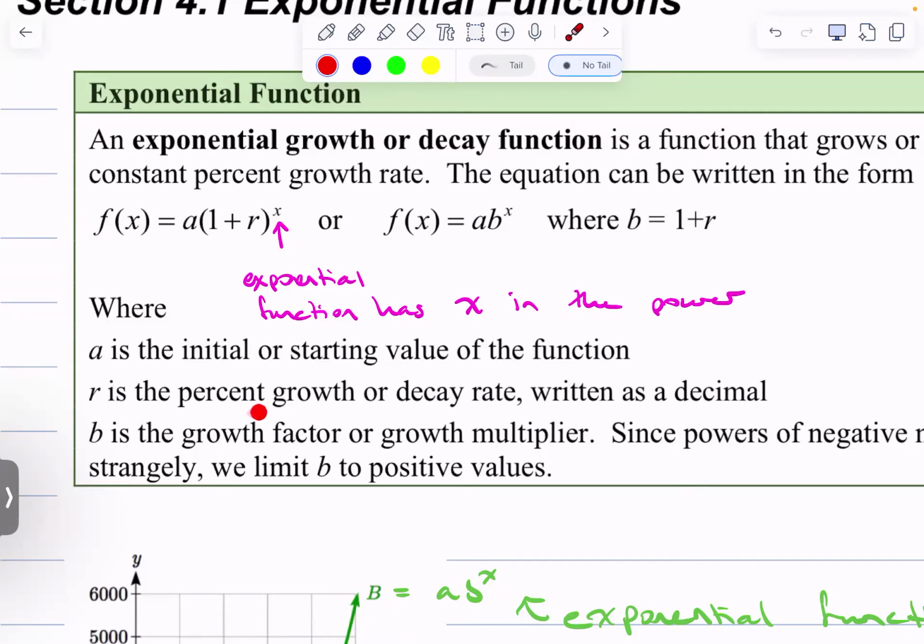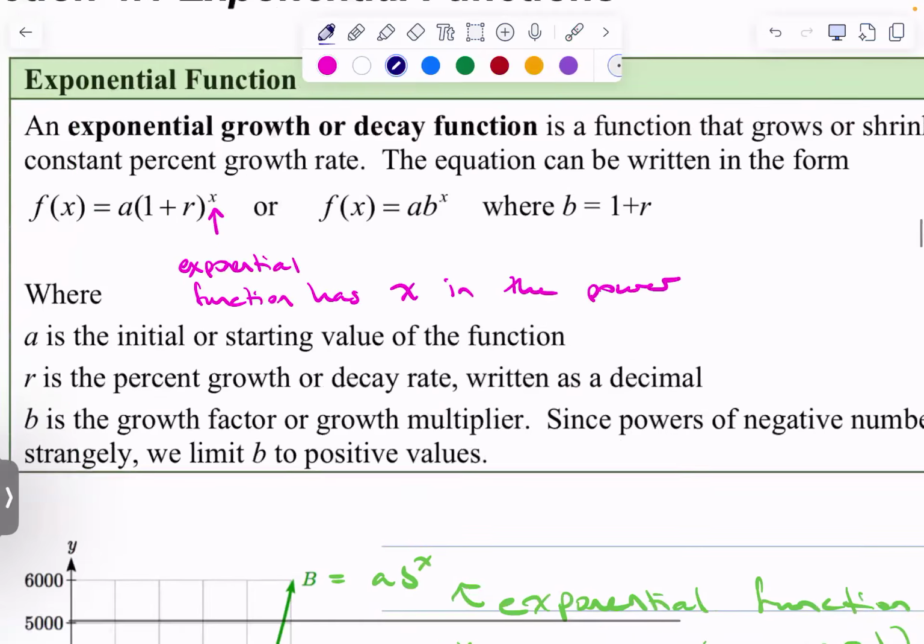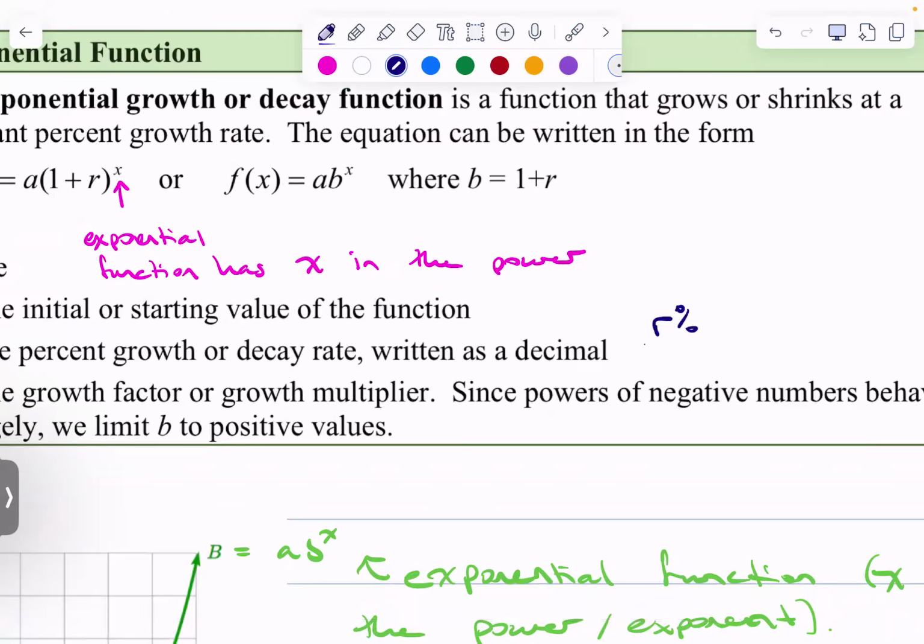And so r is the percent growth or the decay rate written as a decimal, right? Which means that we have to do r percent divided by 100%, which is just r. So usually we talk about rates as percentages, right?